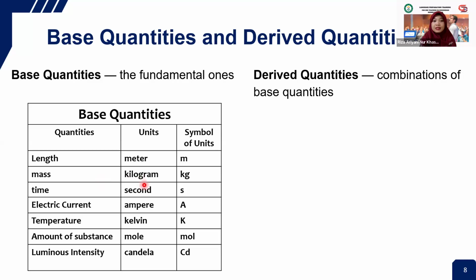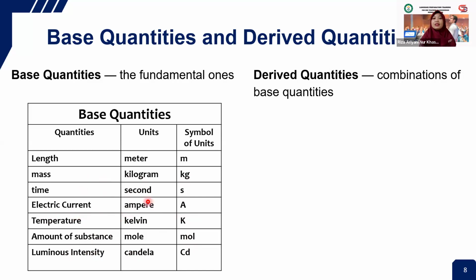Time, second, s. Electric current, ampere, A. Temperature, Kelvin, K. Amount of substance, mole, mol. And luminous intensity, candela, cd. Remember, the unit of temperature is not Celsius, although in daily life we use Celsius as a unit of temperature. The international standard unit of temperature is Kelvin.